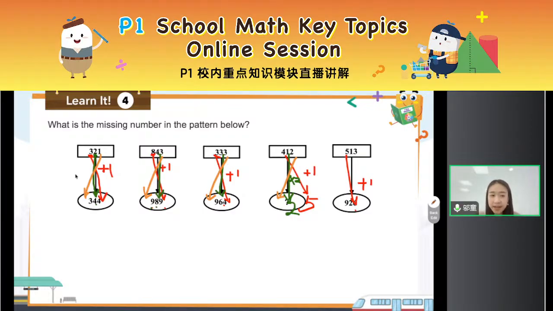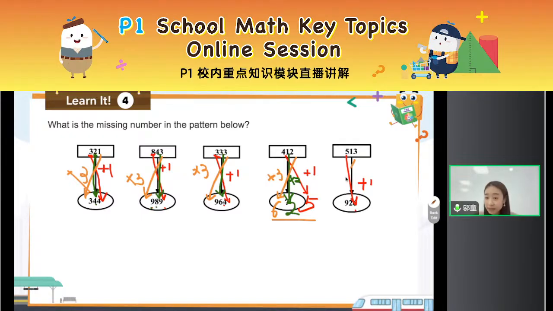And 3 to 9. Every time your hundreds place is always times 3. We times 3. We times 3. And that's how we do the same thing for the missing one. 2 times 3 as well, which gives you a 6.